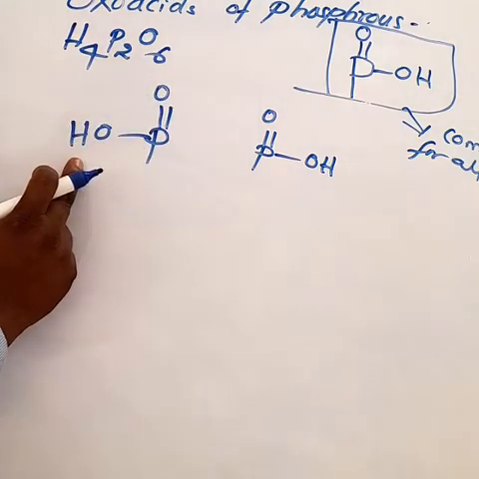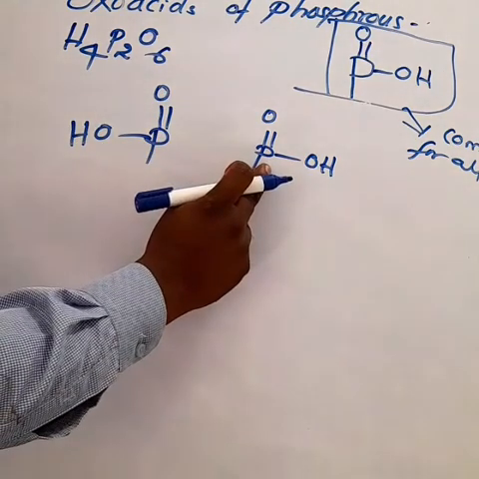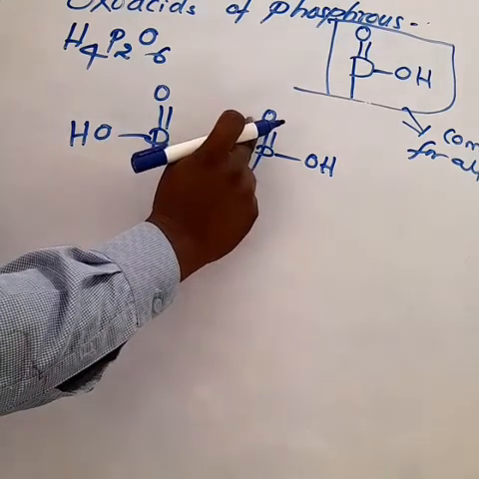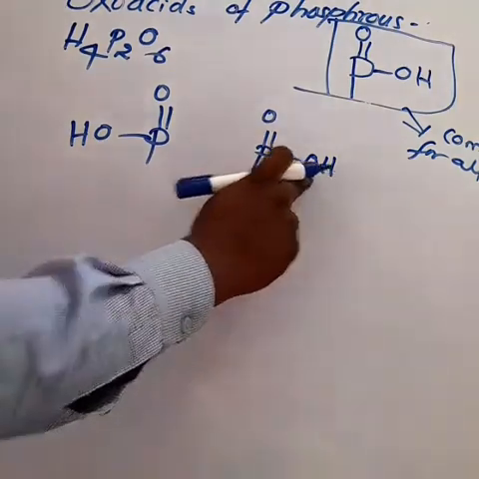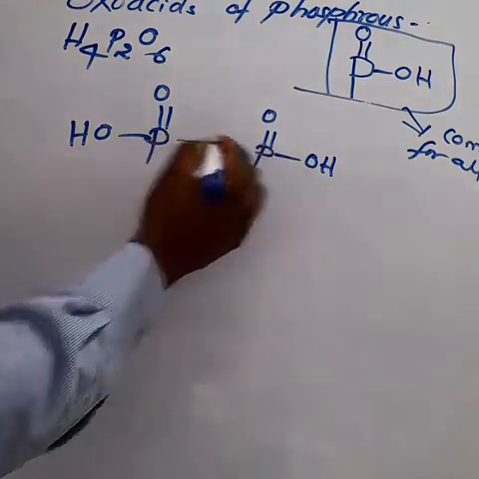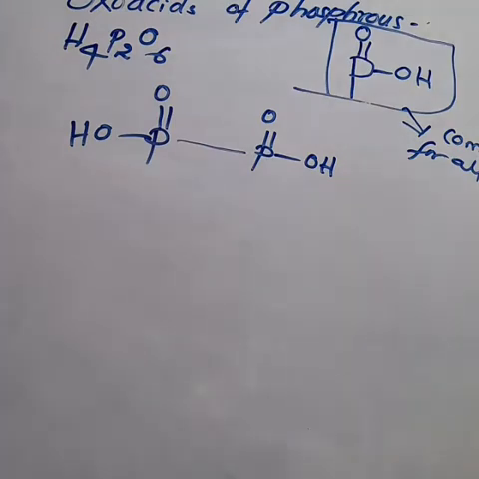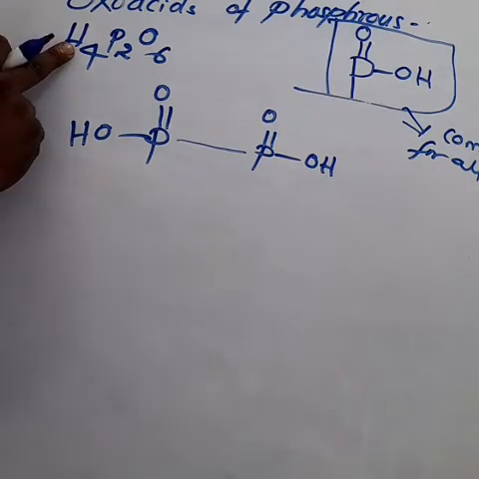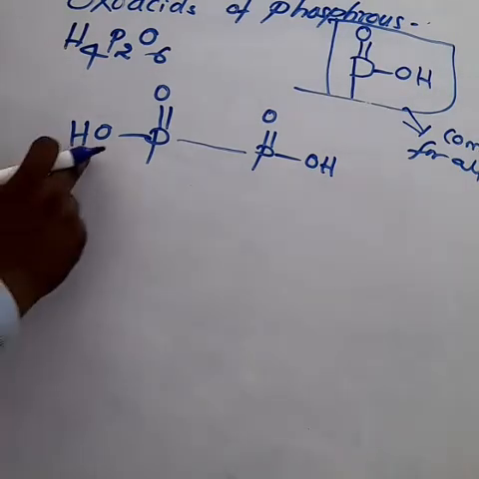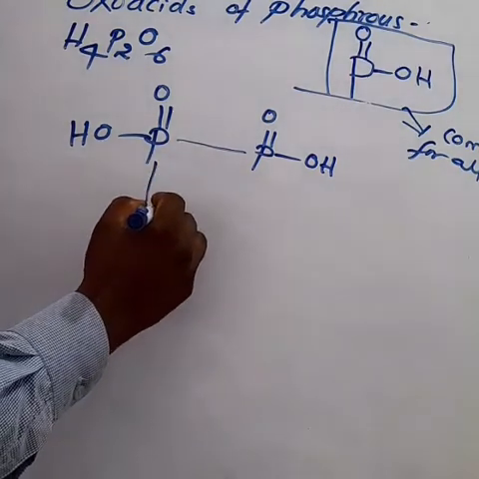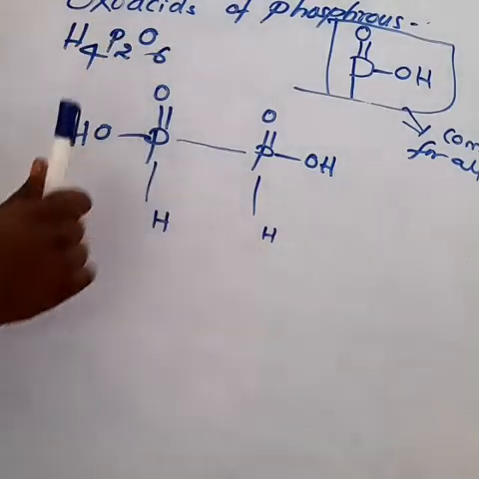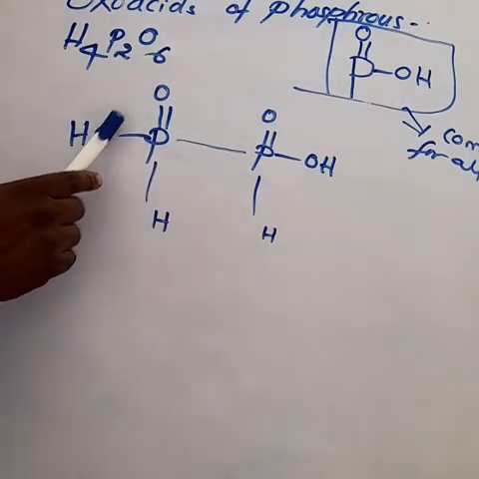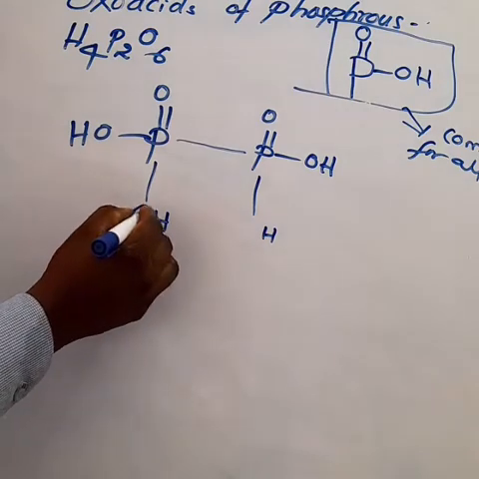Same like that, again we draw P, upper O, right corner OH. So 2 groups are used. Then count the formula. How much hydrogen is there? 4 hydrogen; out of 4, 2 are used, remaining 2. Then how much oxygen is there? 6 oxygen; out of 6, 4 are used, remaining 2. So make it OH.